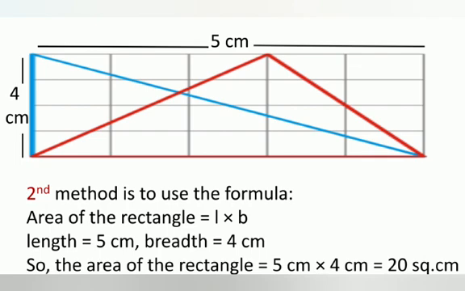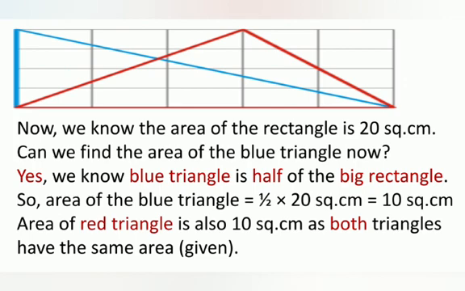Here the length of the rectangle is 5 centimeter and the breadth of the rectangle is 4 centimeter. So the area of this rectangle will be 5 centimeter into 4 centimeter, which is equal to 20 square centimeter. Now we know the area of the rectangle. The area of the rectangle is 20 square centimeter.